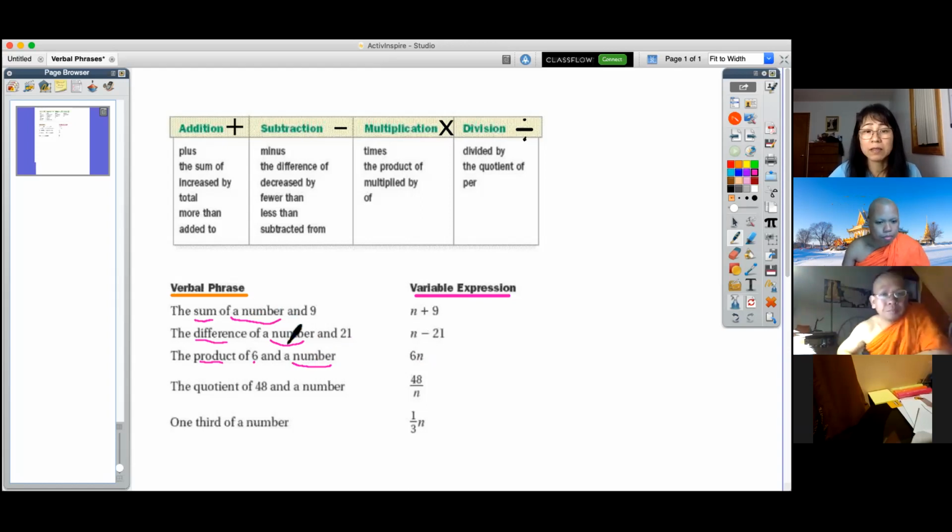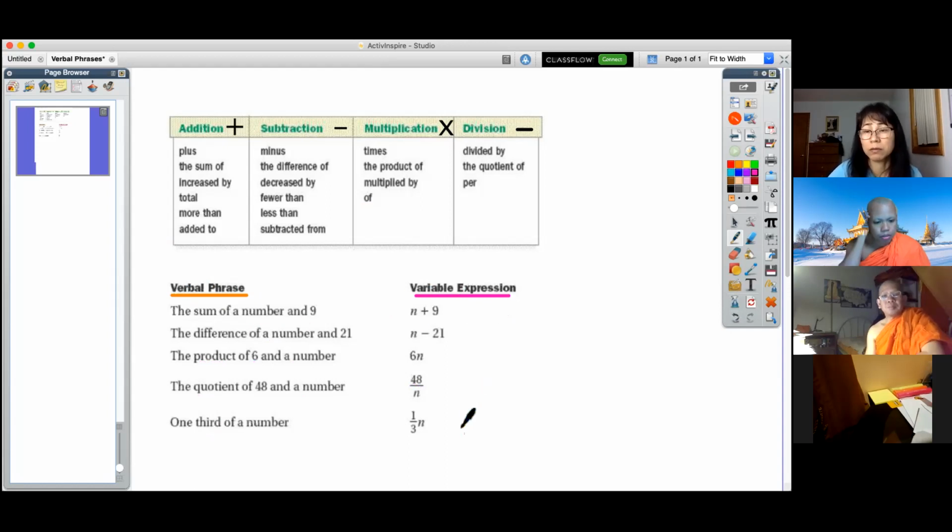Quotient means divide, so here you are dividing 48 and a number. Then 1/3 is a fraction, and of means multiply, so 1/3 of a number.